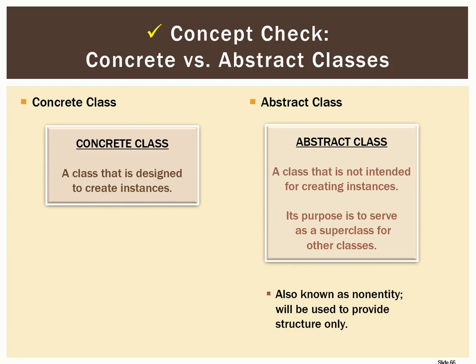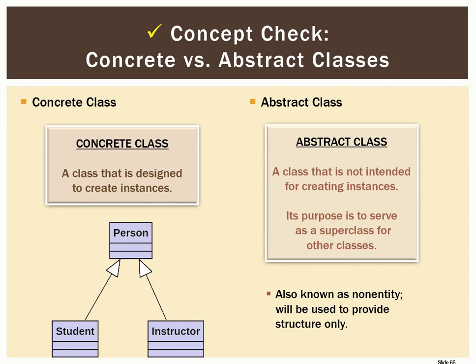A concrete class is a class that was designed to have instances of, whereas an abstract class is a class that is designed to be a blueprint but never to create an instance of. So for example, if we had this hierarchy, we know we're going to make student objects, we know we're going to make instructor objects, but will we make persons?